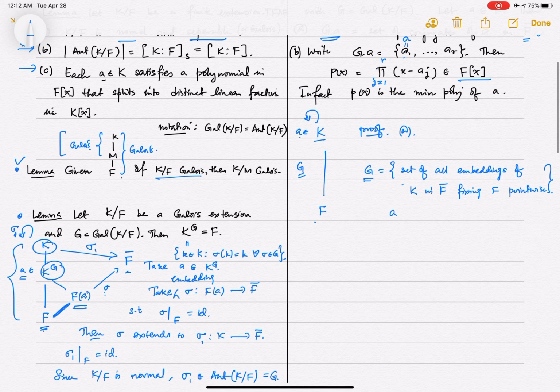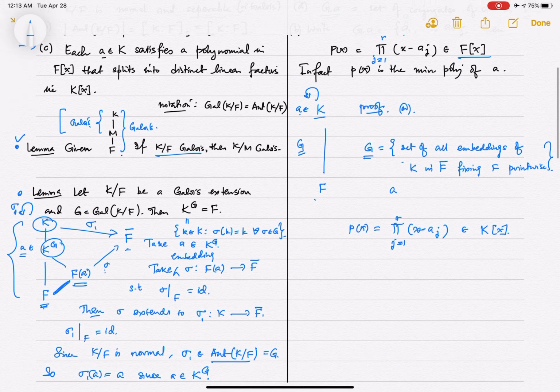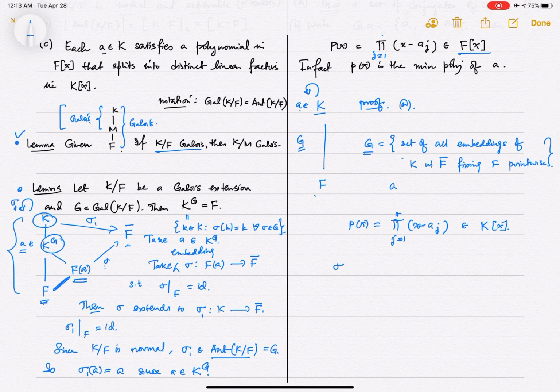And part B actually uses the previous lemma. If you look at this polynomial, you apply any sigma in G. This lives, to begin with, in K[x], because all these conjugates are actually available in K, because K is normal. But if you apply any element of the Galois group to it, then what happens?